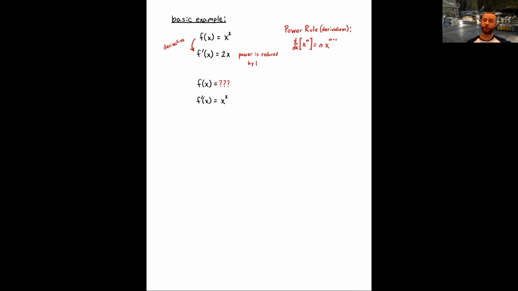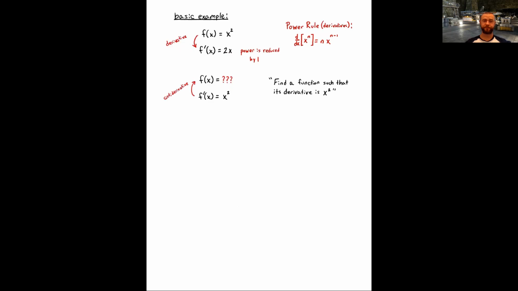All right, let's flip this around to the question we're now interested in. Let's say the derivative is x squared. What must have been the function, f of x? Now, you might be able to make some guesses. We're mentioning that we're reversing finding derivatives. And for the power rule, if we reduce the exponent by 1, you might expect that we increase the power by 1 to find an antiderivative for x squared.